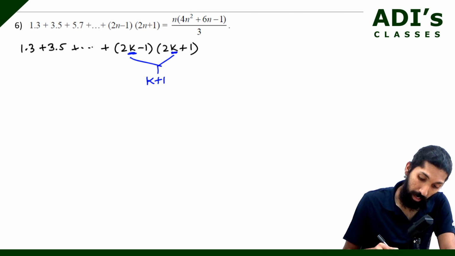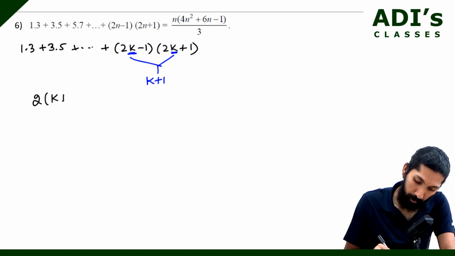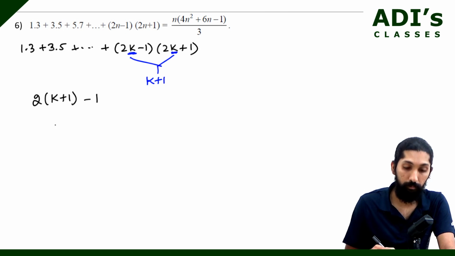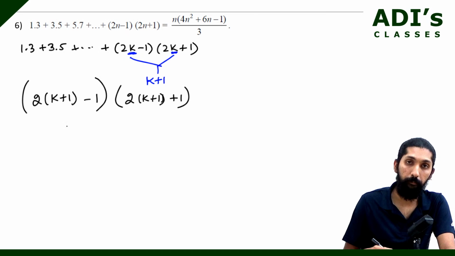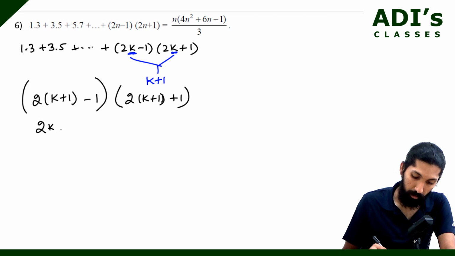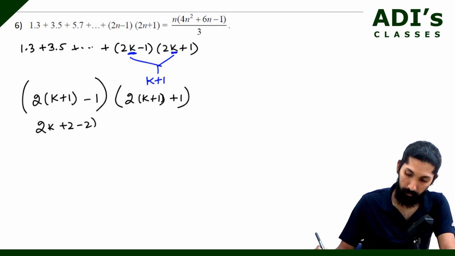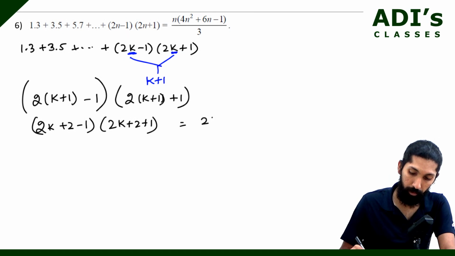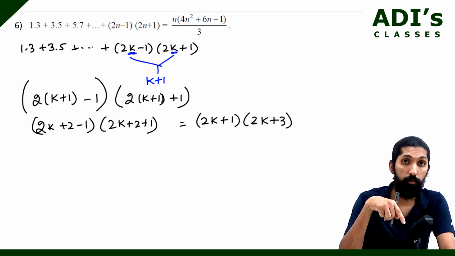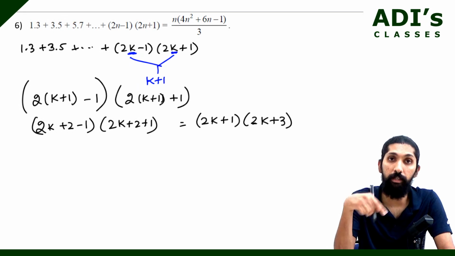So you will have 2 into k plus 1 minus 1 into 2 into k plus 1 plus 1, isn't it? Multiply 2k plus 2 minus 1 into 2k plus 2 plus 1. This is going to be 2k plus 1 into 2k plus 3. So 2k plus 1 into 2k plus 3. This is going to be the next term.